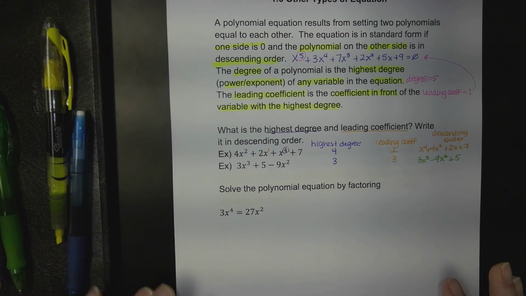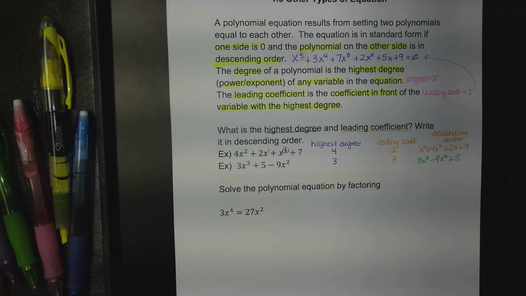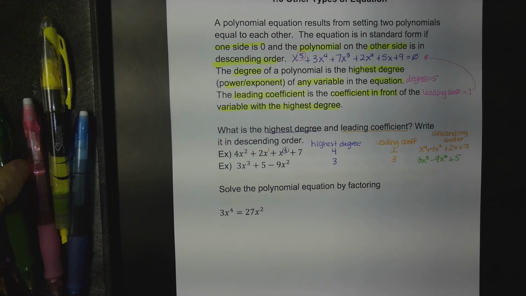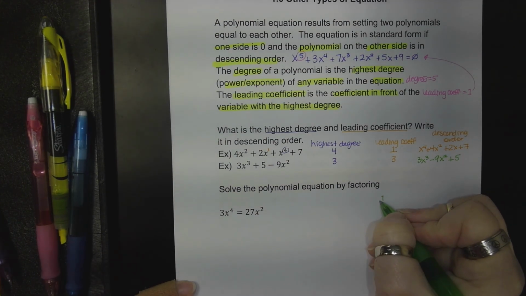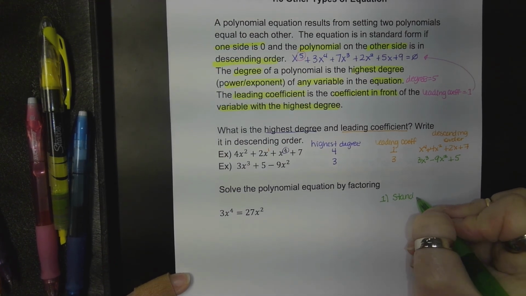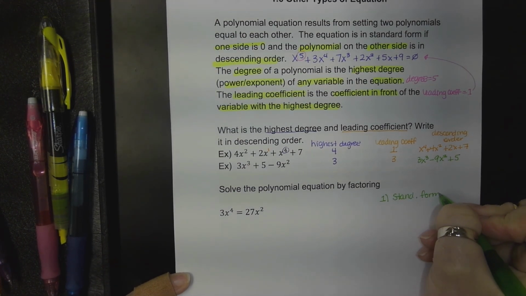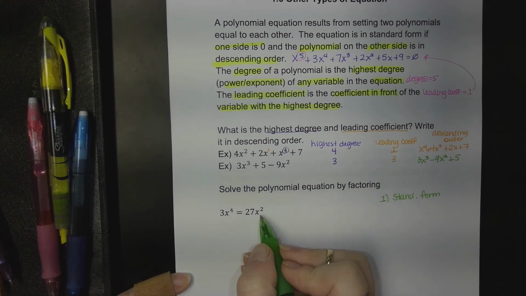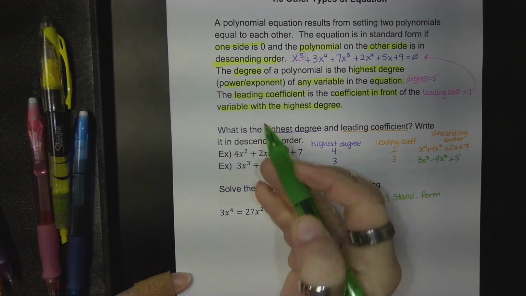Okay, so the next one says solve the polynomial equation by factoring. If we remember from the last lesson, the first thing that we want to do is write it in standard form. So let's do that. In standard form, we're going to move this over and get it to equal 0, right?